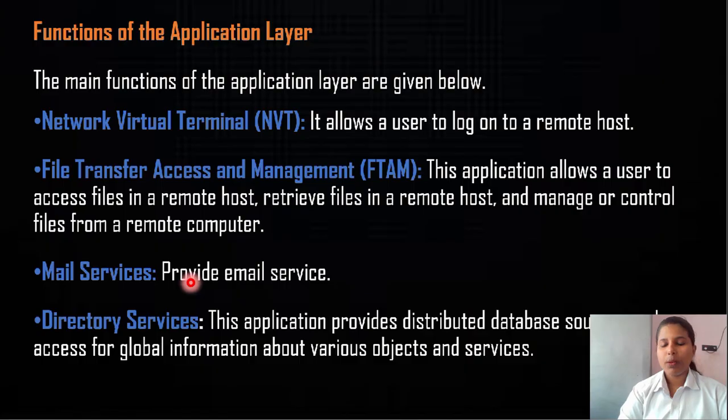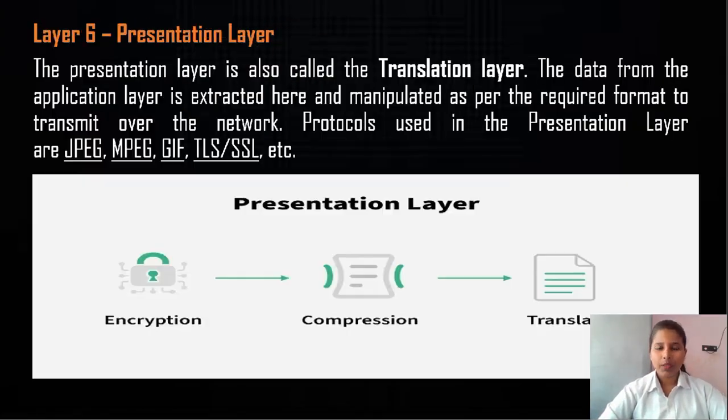And the mail service provides email services and directory services. This application provides a distributed source of access to global information about various objects and services. So these are the functions of the application layer, where the user is given file transfer access or mail services. Now let's look at the second layer, which is layer 6, the presentation layer.